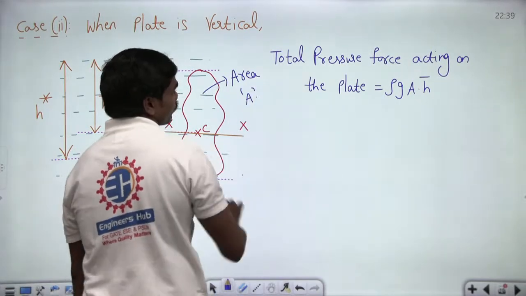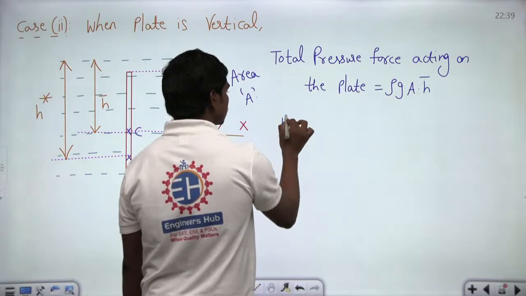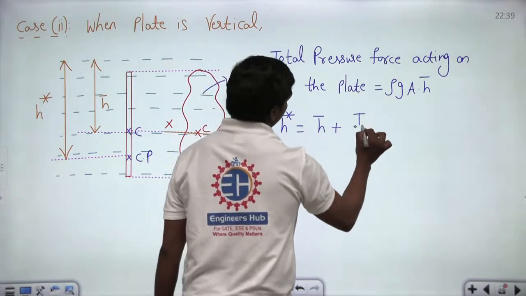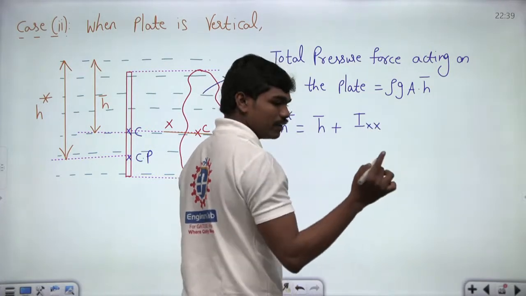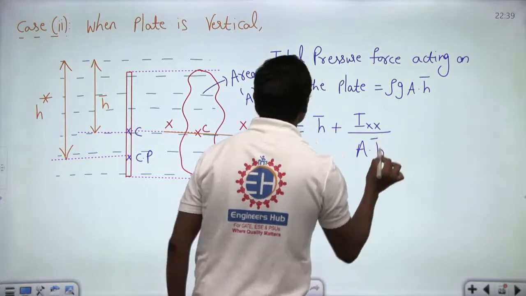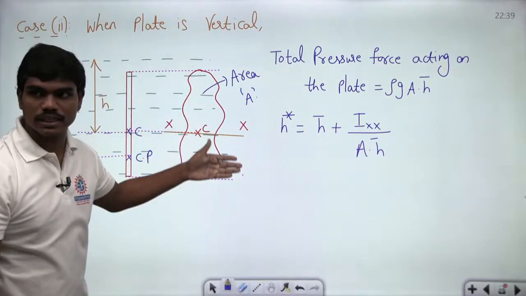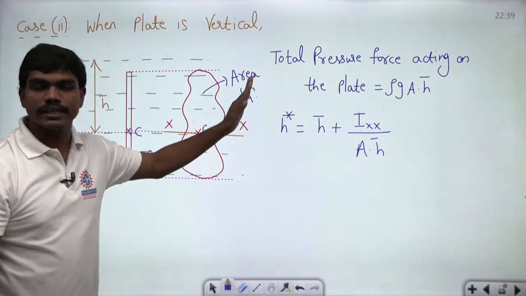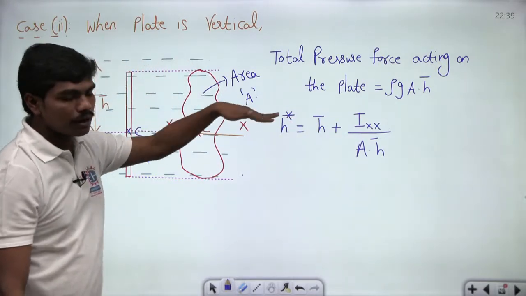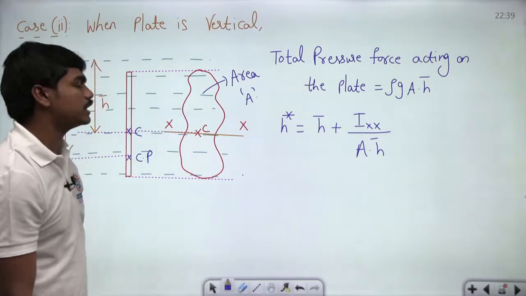And then what do we have? This center of pressure h star is equal to h bar plus I_xx, and in this case the sin square theta value will be 1, divided by A times h bar, okay. So, once you give the cross section of this plate, for example circle, triangle or some other shape, then you can easily write what this I_xx is about the axis parallel to this, I mean passing through the centroid basically, correct.